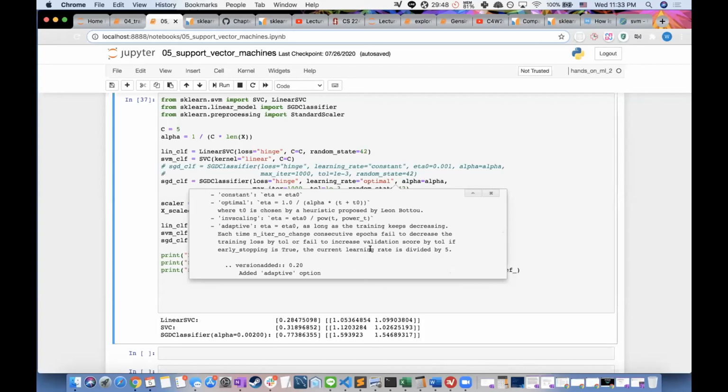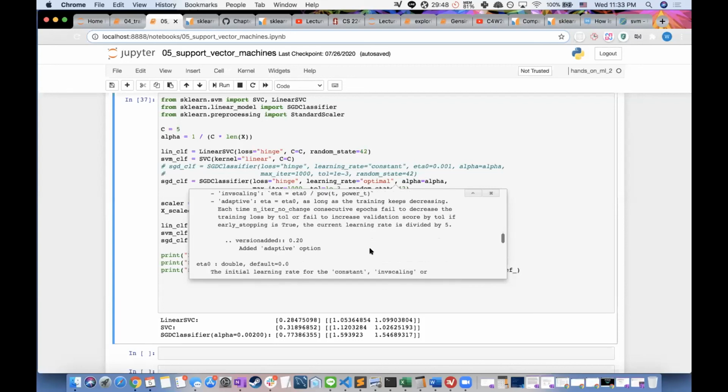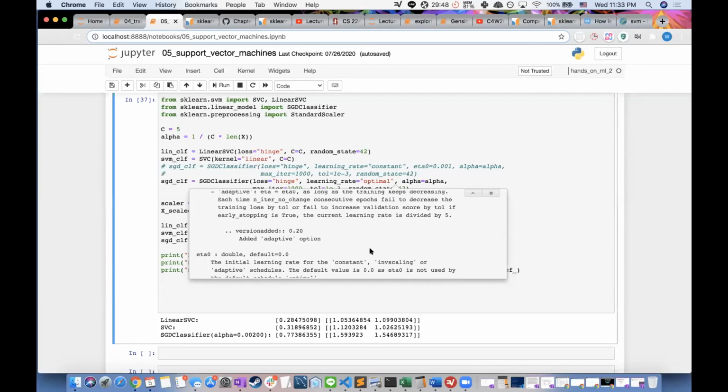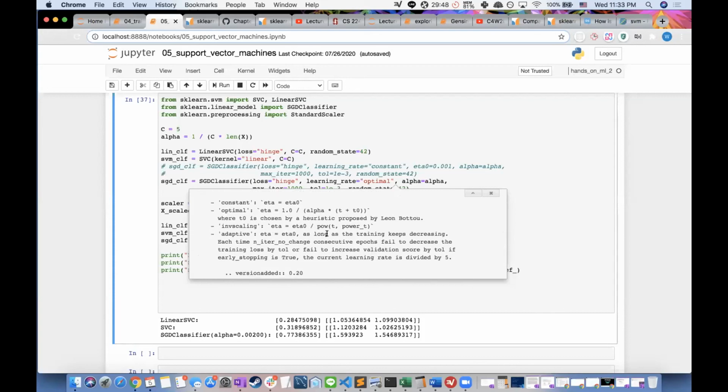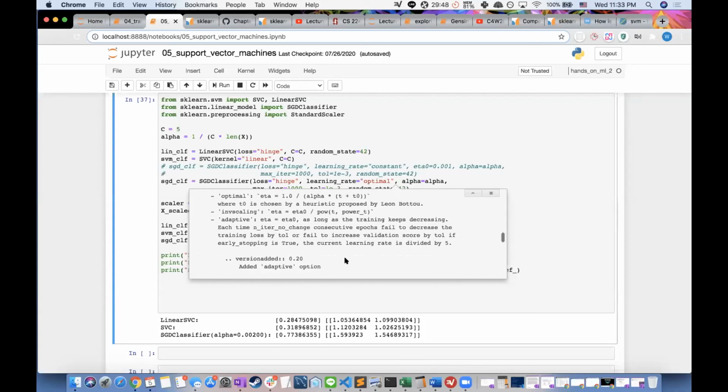Yeah, in fact, if you plug in the appropriate value, it just reduces slowly as you go further. It says as long as the training loss keeps decreasing, decrease. Okay.